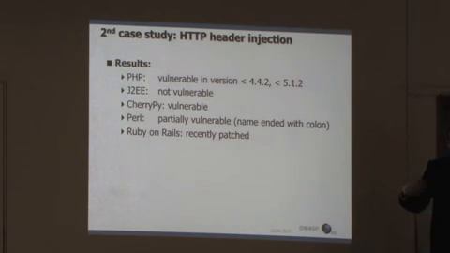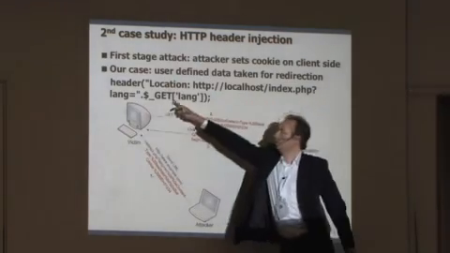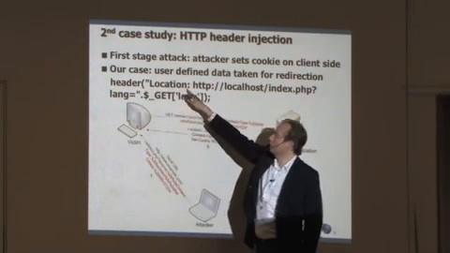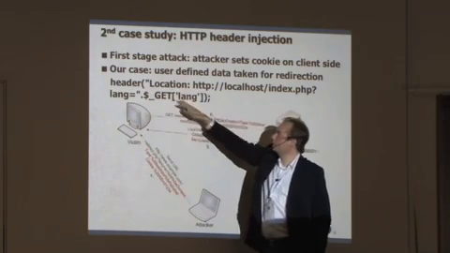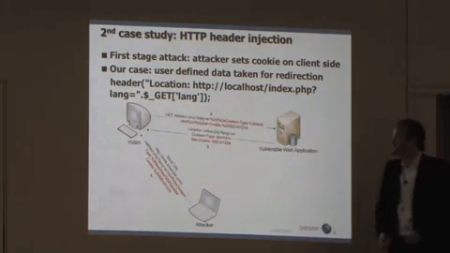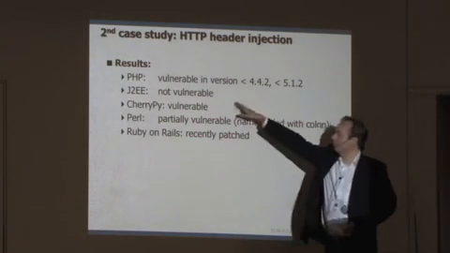So you can't set 2 header lines in one set header command, which basically means, if you go back to here, you can't insert anything here because that would all go in one header line for this location. You can't make new lines and new header lines. That's how they fixed it. CherryPy, a Python framework, is vulnerable. Ruby on Rails has recently been patched.